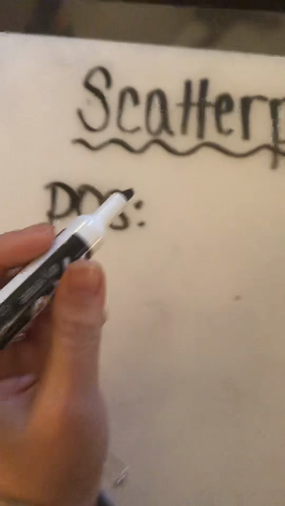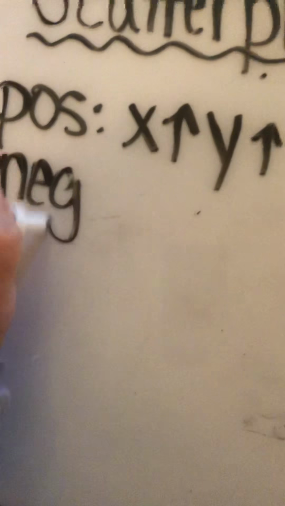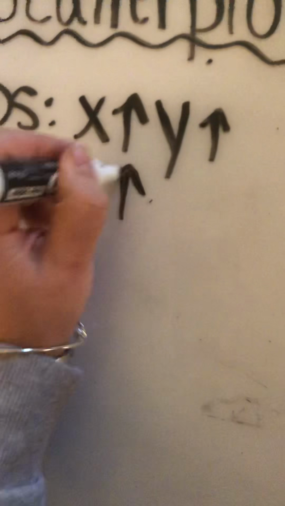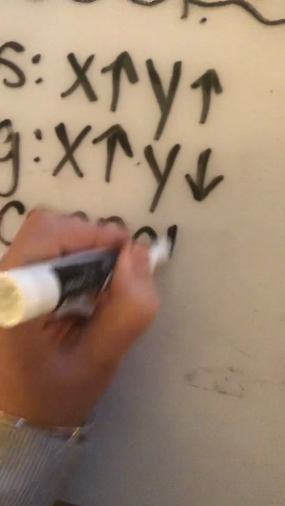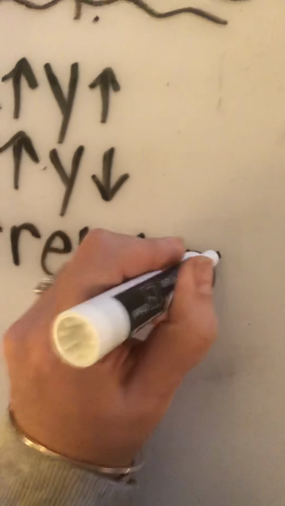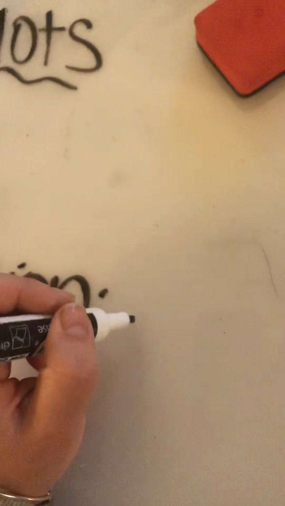So again, if you remember that in a positive, as the x increases, so does y. In a negative, as the x increases, y decreases. And in no correlation, it doesn't change.